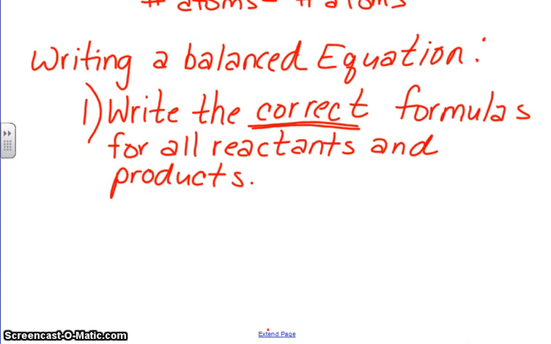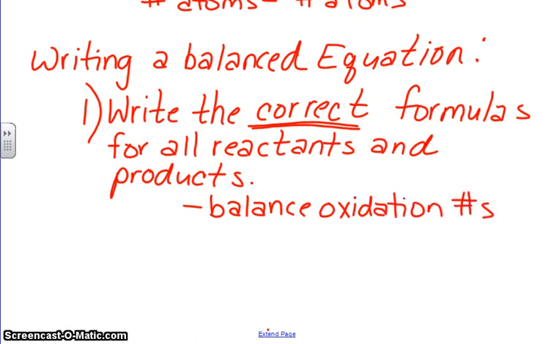So in order to write the correct formulas, we need to know how to balance oxidation numbers or charges, just like we've been doing. So that involves a lot of knowing VC gain. Okay?